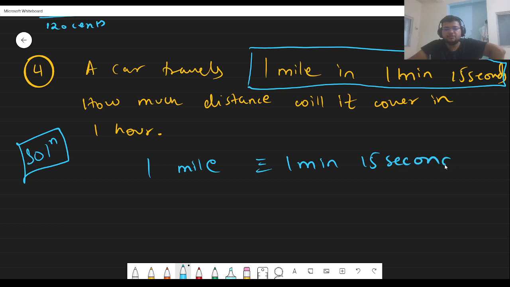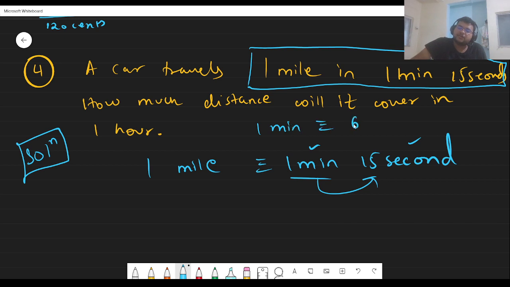We have to convert this either into minutes or into seconds, because we can't operate with both units. So I can convert this 1 minute into seconds. We know that 1 minute corresponds to 60 seconds. So I can write 60 seconds plus 15, that will be 75 seconds.